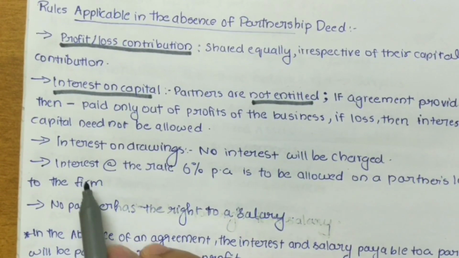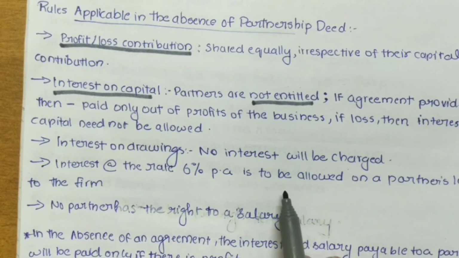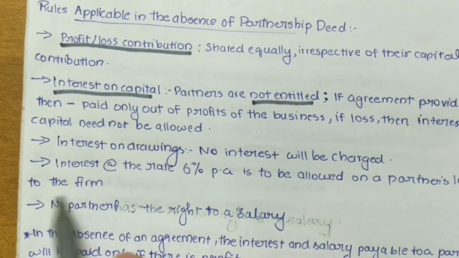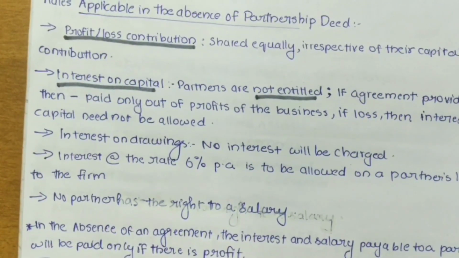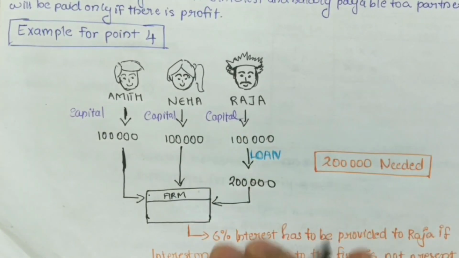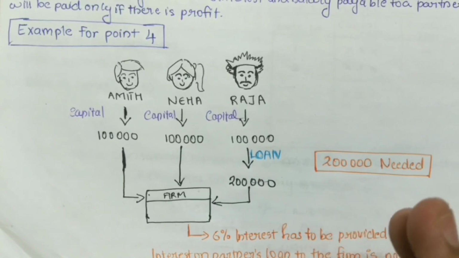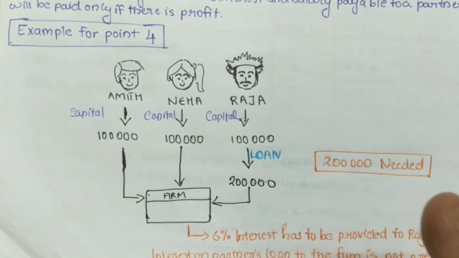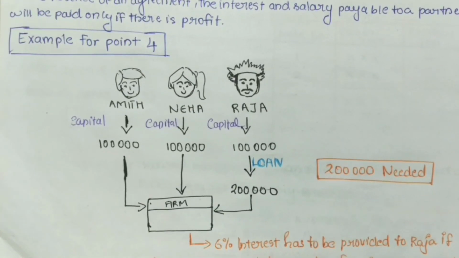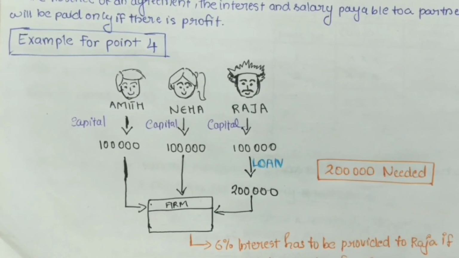Next point is about interest on partner's loan to the firm. I'll explain this point with the help of an example. Let's say Amit, Neha and Raja are partners of a firm and they each contribute 1 lakh as capital. But the firm was in need of 2 lakh again. Since Raja was from a rich family background, Raja thought to give rupees 2 lakh as a loan to the firm.